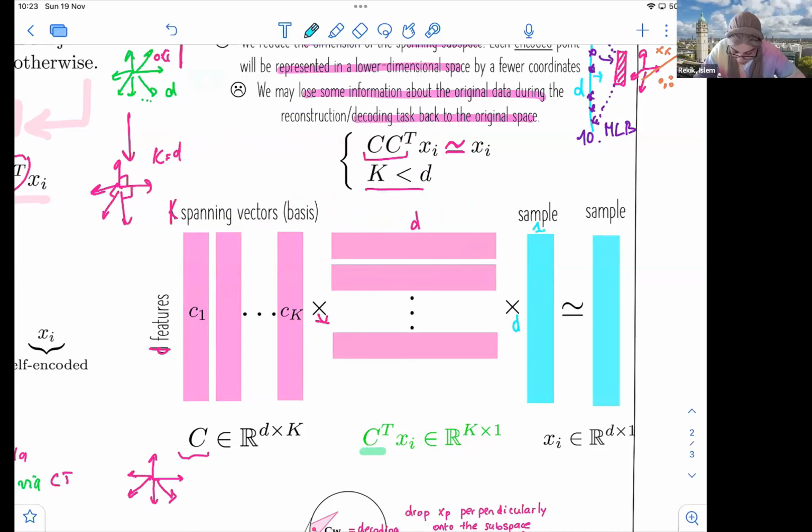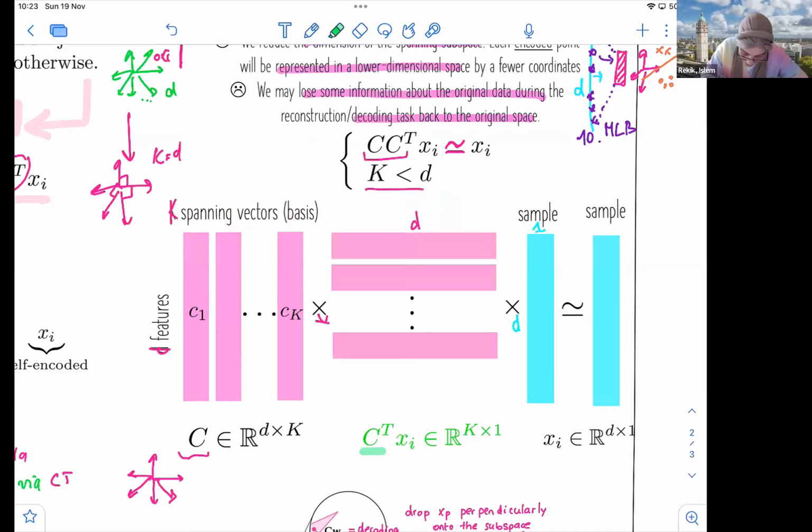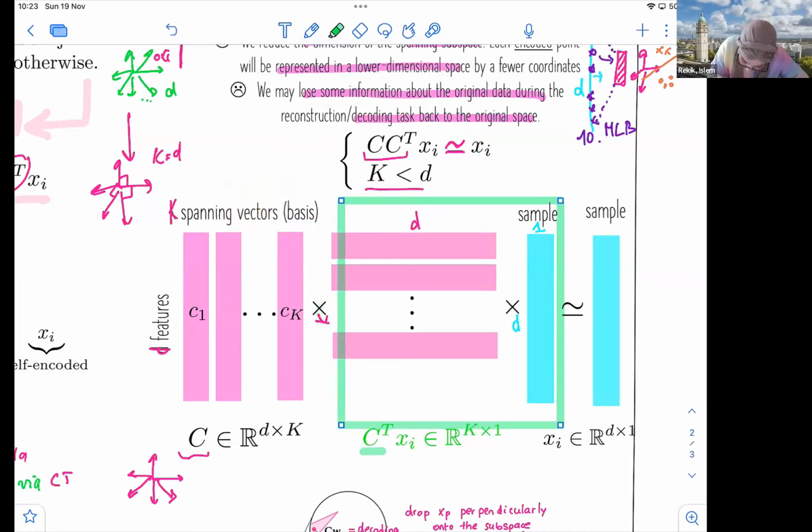So this whole block right here, C transpose Xi, is called the encoding of the data. Here we encoded the data. That's the encoding, and this is what we called earlier the Wi.